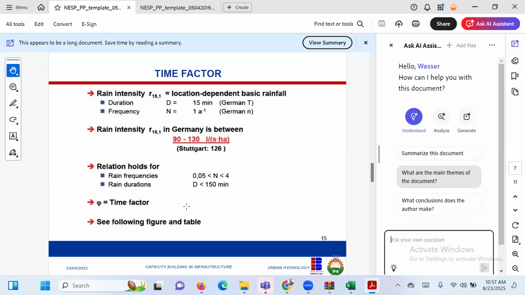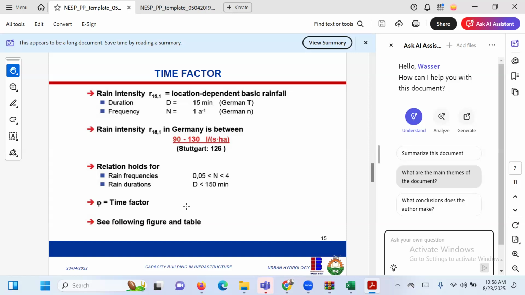For example, the rain intensity denoted as R in Germany is usually between 90 to 130 liters per second per hectare. I repeat again, 130 liters per second per hectare. However, this relationship holds for frequency between 0.05 years to 4 years.